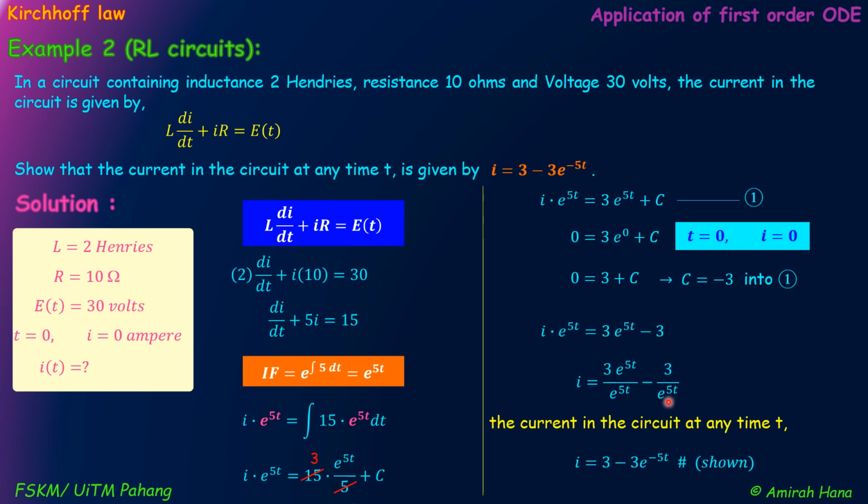Using the properties of indices, we can move e to the power of 5t up, and we write e to the power of negative 5t. Then we compare with the given I, and it is exactly the same. This means we have shown I equals 3 minus 3e to the power of negative 5t. This is the current in the circuit at any time t. Got it?